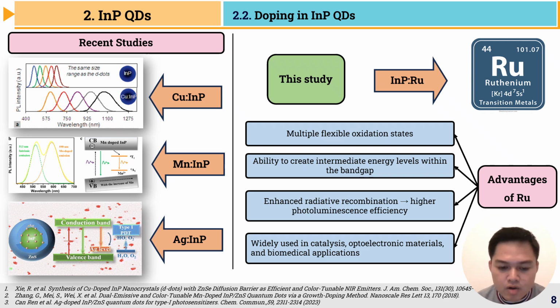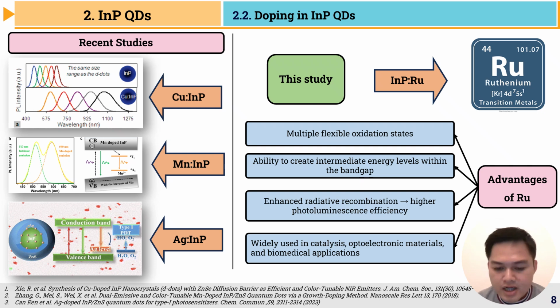Recently, studies showed that doping indium phosphate quantum dots with metals like copper, manganese, and silver can improve their optical property.